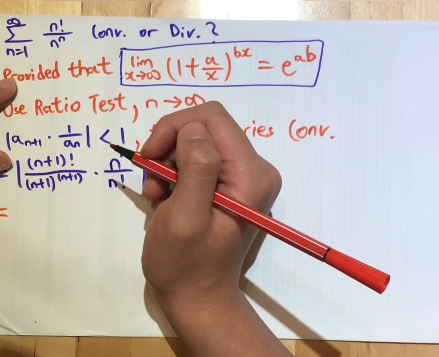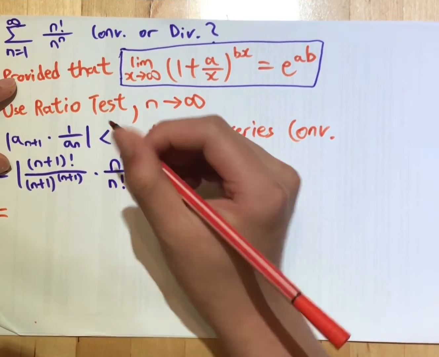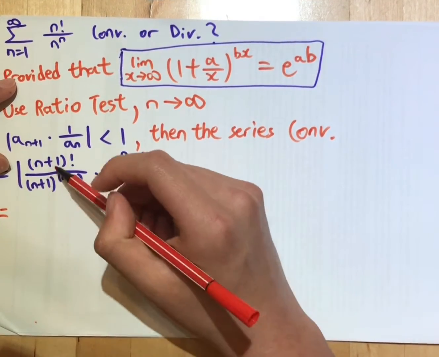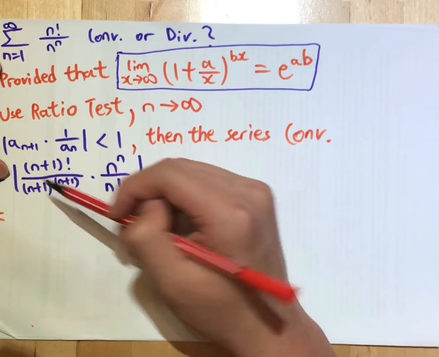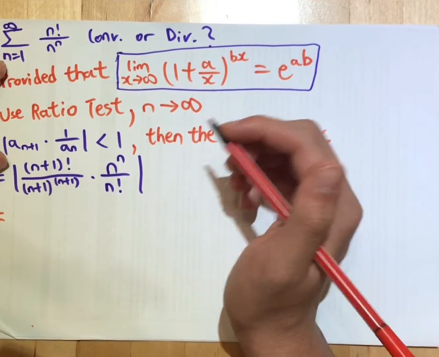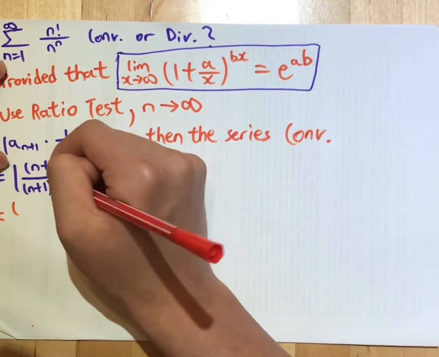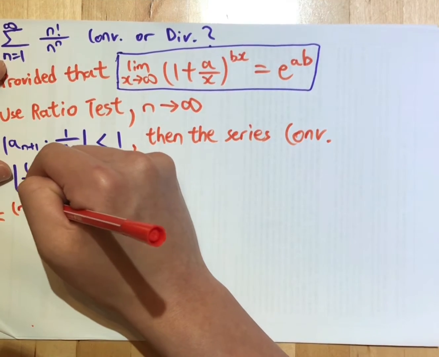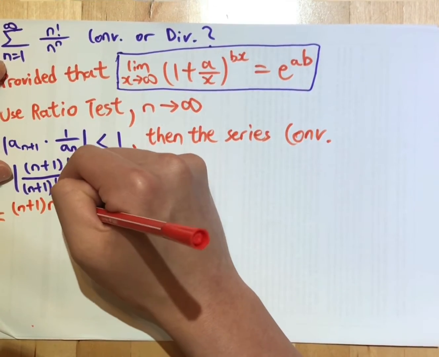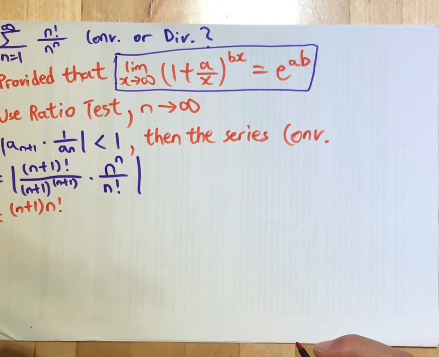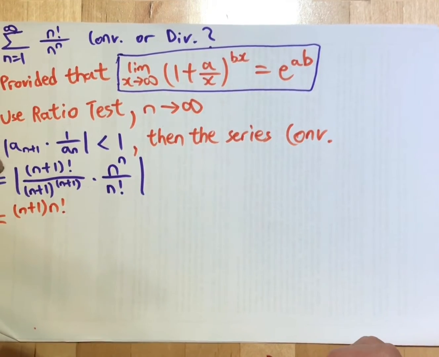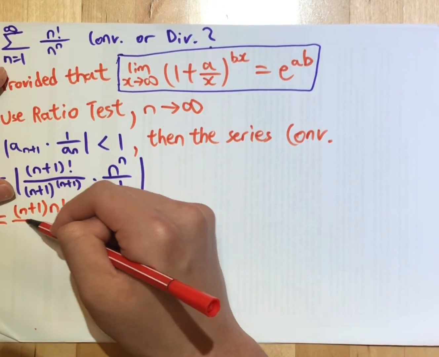n plus 1 factorial is not good because we want n factorial, not n plus 1 factorial, so that it can cancel out. But that's not a problem. n plus 1 factorial is equal to n plus 1 multiplied by n factorial. Agree with me? Yes.